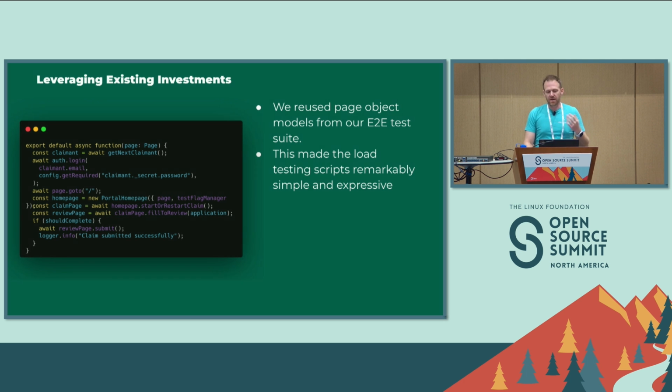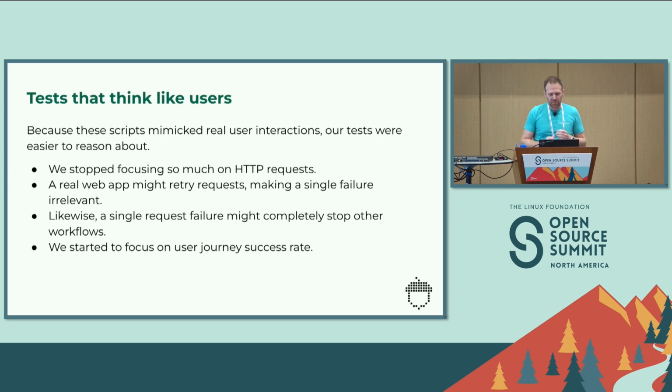So anyway, filling all the form fields, it's pretty incredible how it does it. And so what this does, aside from solving our code maintainability problem, is put us in the spot where we have tests that actually act and think like users. They are mimicking real user interactions.